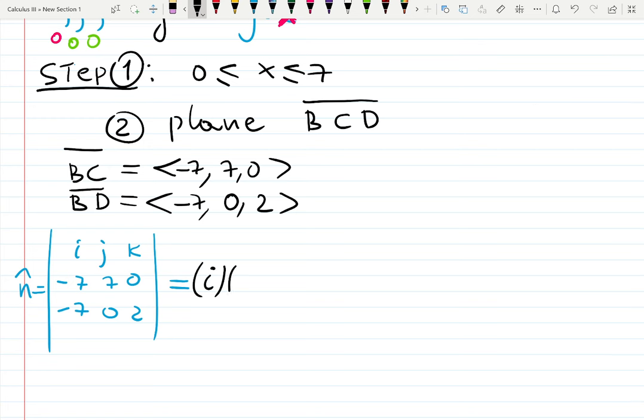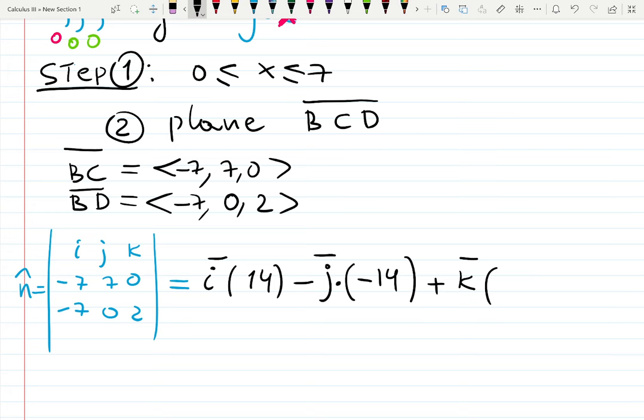I goes first, then cross product gives me 14 minus 0, minus j gives me minus 14 minus 0, plus k. I, j, k are vectors. K is 0 minus 49, so it's minus 49.